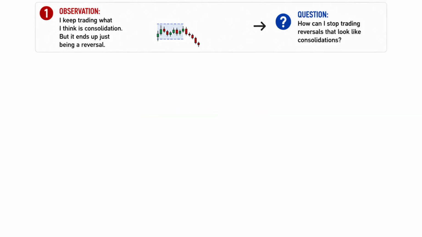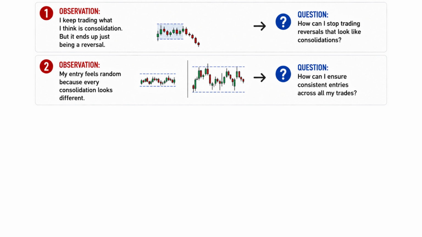Observation: I keep trading what I think is consolidation, but it ends up just being a reversal. Question: how can I stop trading reversals that look like consolidation? Observation: my entry feels random because every consolidation looks different. Question: how can I ensure consistent entries across all of my trades?